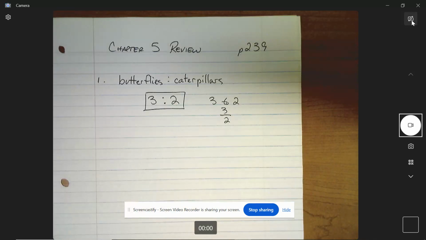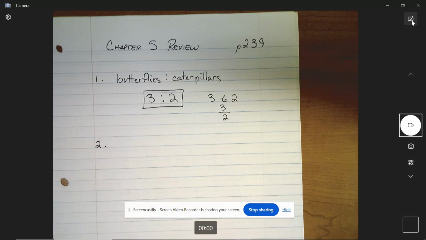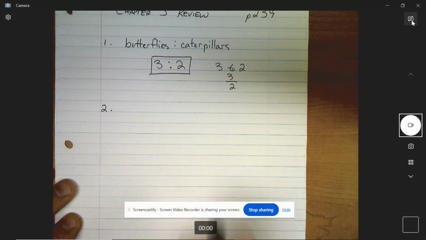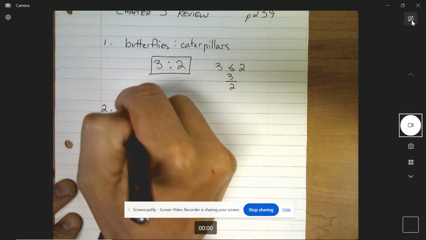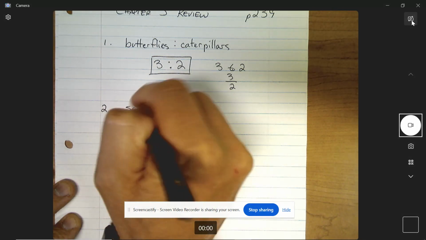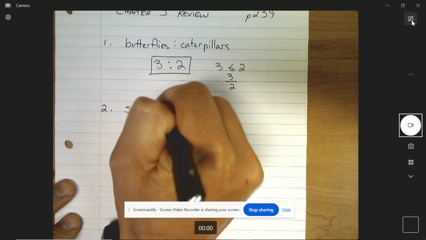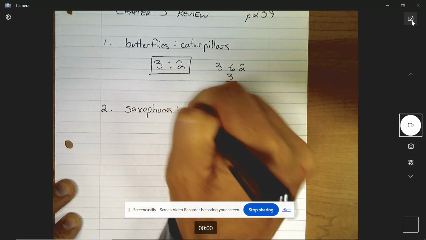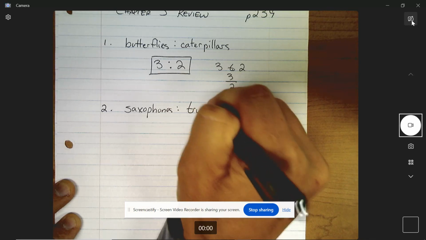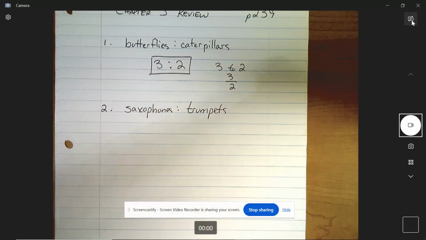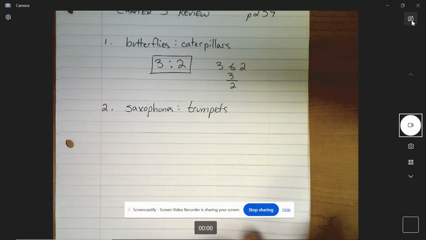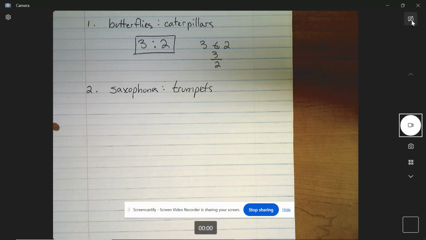For number 2, we are comparing saxophones and trumpets. All right, so now there are 2 ways to do this, and I'm going to show you.